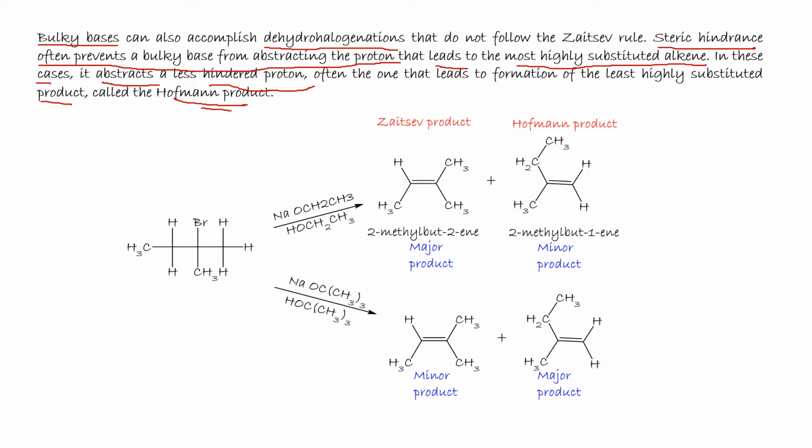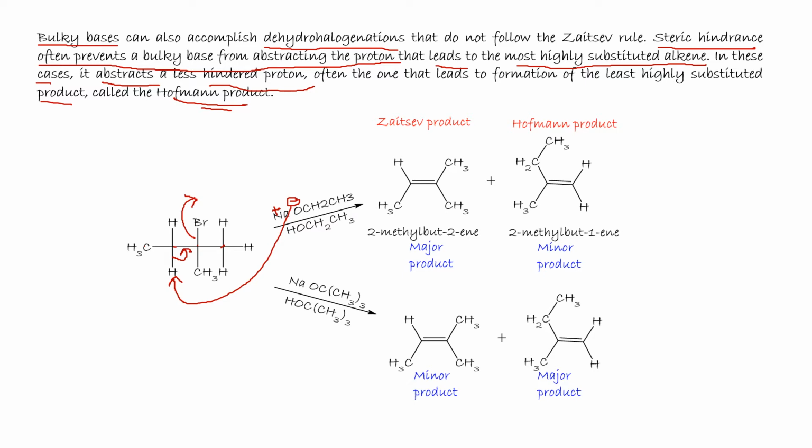So if we start with 2-bromo-2-methylbutane with a small, strong base like ethoxide, the base will attack the hydrogen, abstracting it, forming the double bond, with Br leaving.